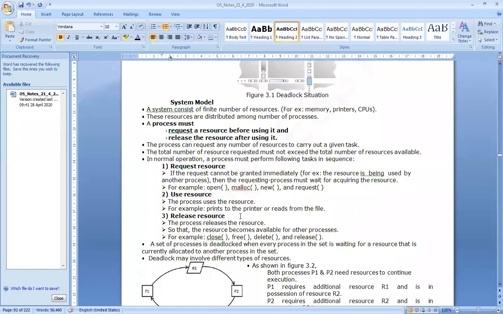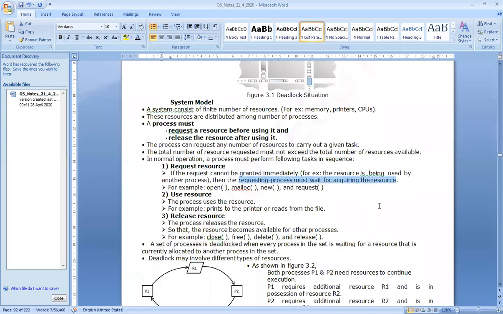Whenever they are requesting a resource, whenever they are using a resource. So what does request of a resource mean? If the request cannot be granted immediately, then the requesting process must wait for acquiring the resource.